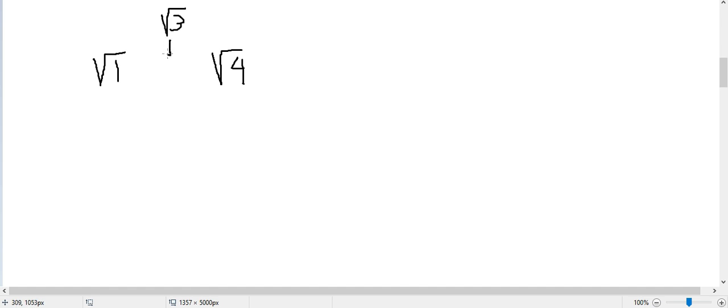Square root of 3 lies between square root of 1 and square root of 4. Square root of 1 is equal to 1. Square root of 4 is equal to 2. Therefore, square root of 3 lies between 1 and 2.